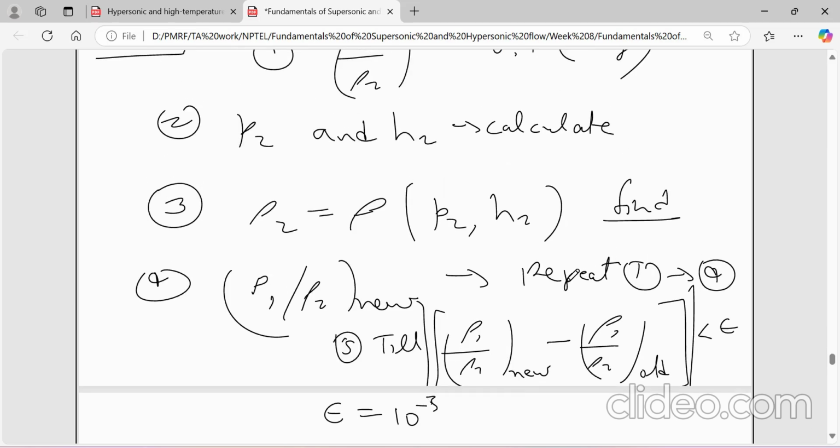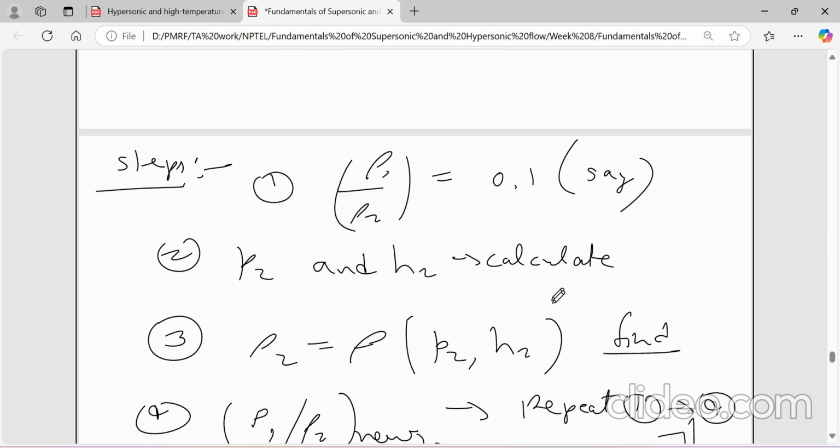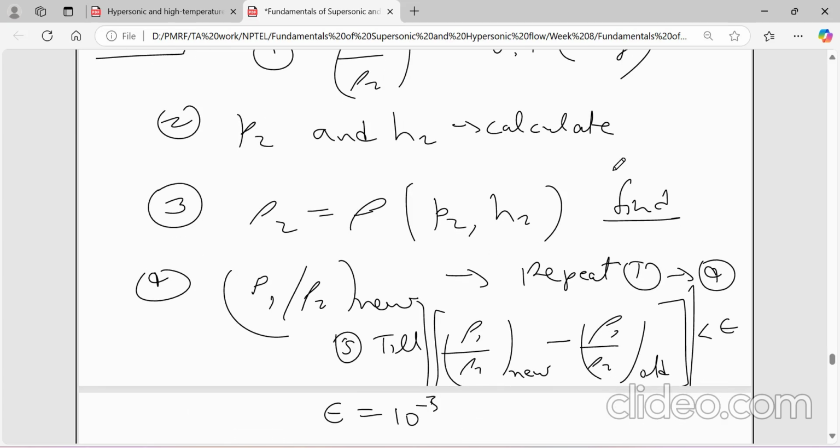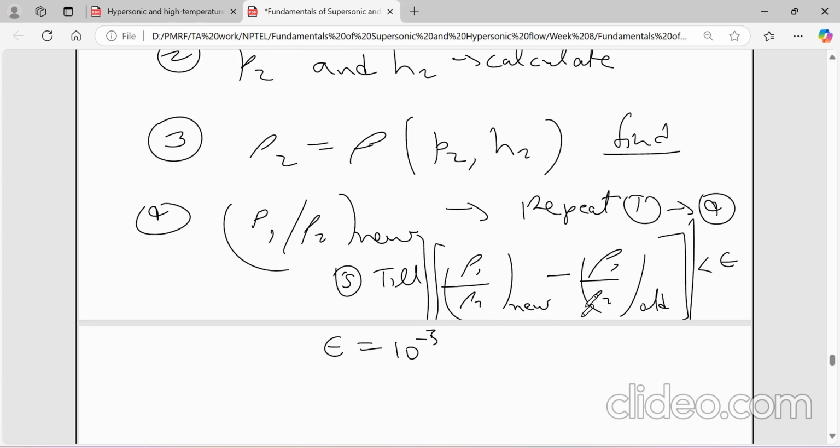Like this we have to solve the normal shock. Similarly for oblique shock also we will get one more equation which will have the theta and u relation. Using that we can find the angle also. Using those 4 equations we will do a similar kind of iteration and find the solution.